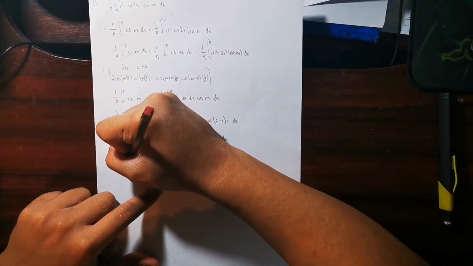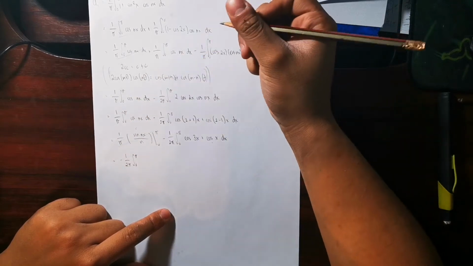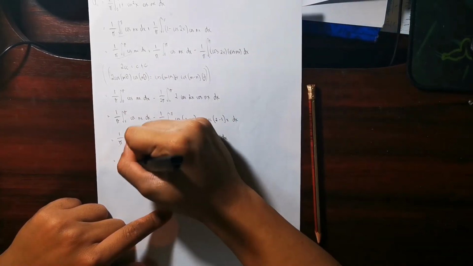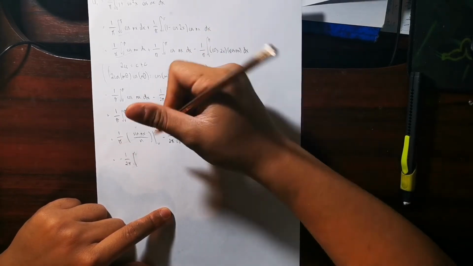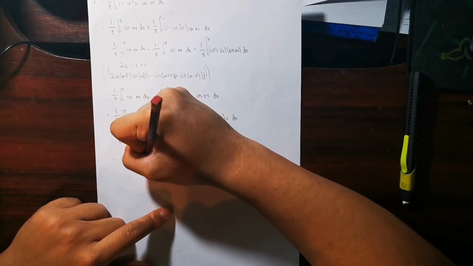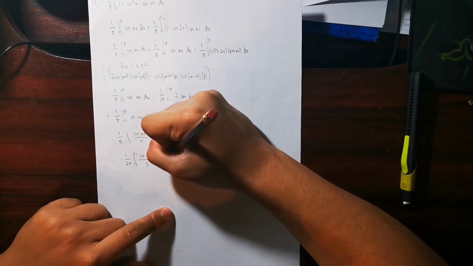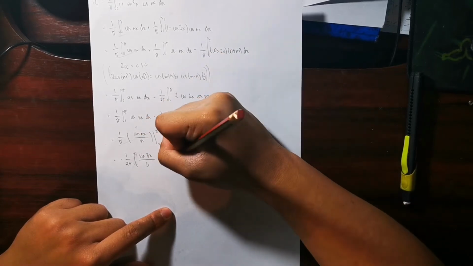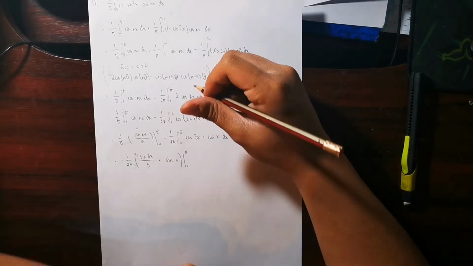So 1 over 2 pi, from 0 to pi, multiplied times sine 3x over 3 plus sine of x, from pi to 0.